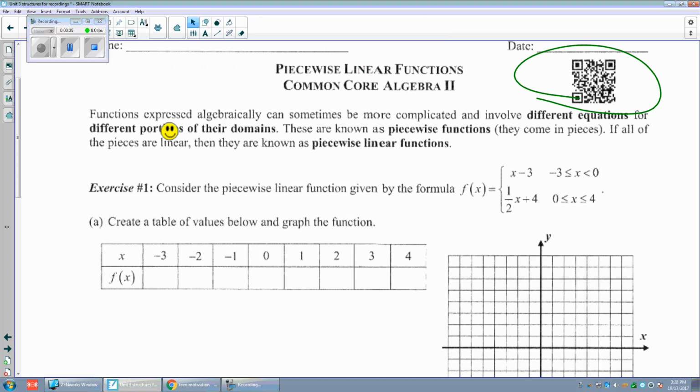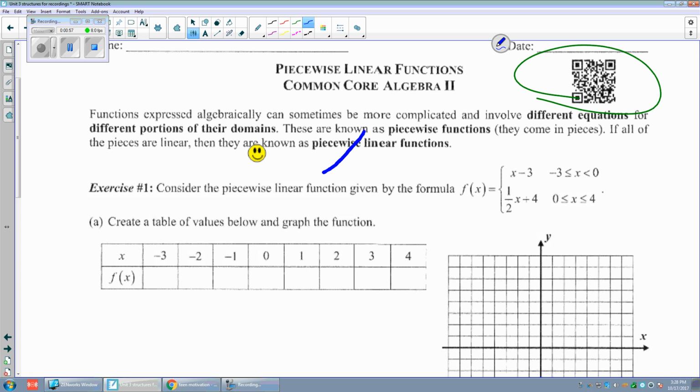Functions expressed algebraically can sometimes be more complicated and involved, with different equations for different portions of their domains. If you remember, you're having energy being put into water in the form of ice. Energy is going in, and the temperature is going up in a linear function.